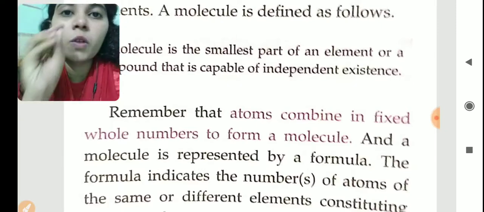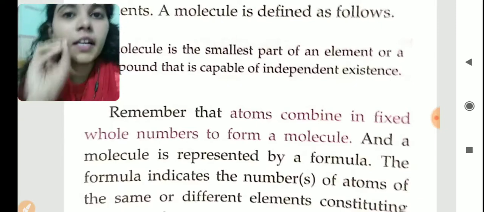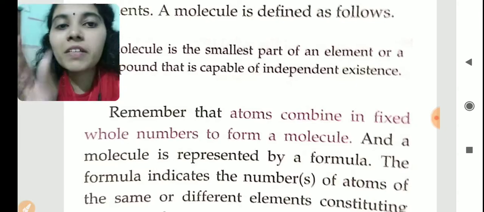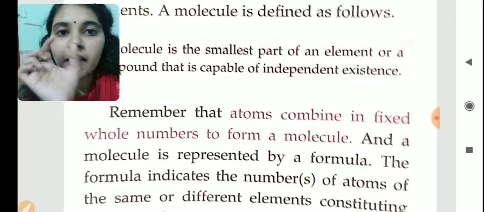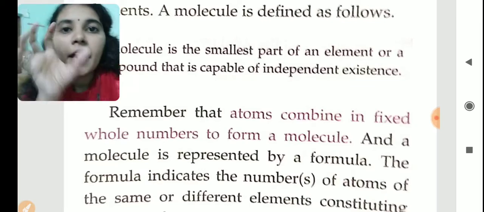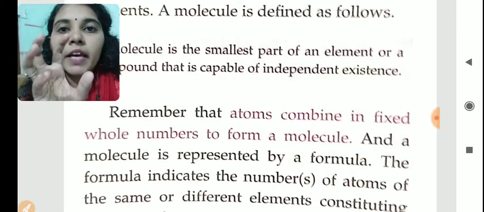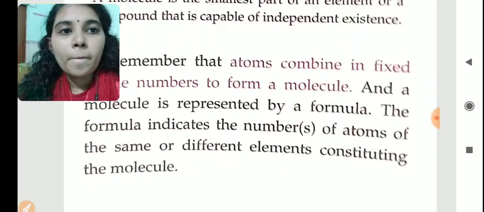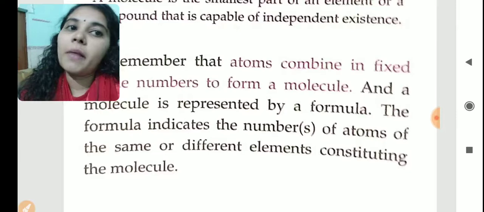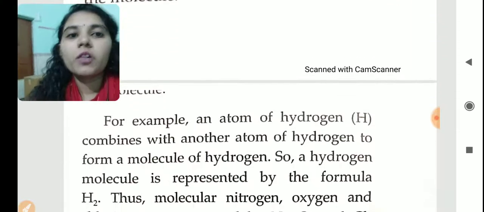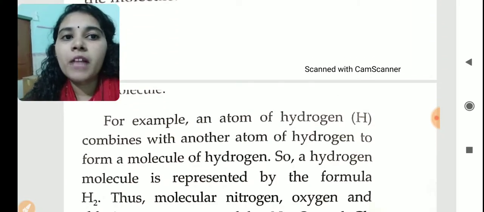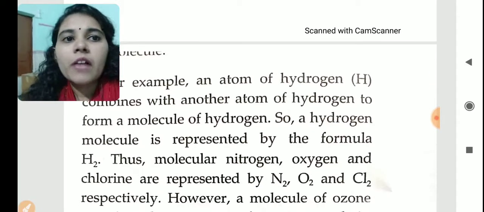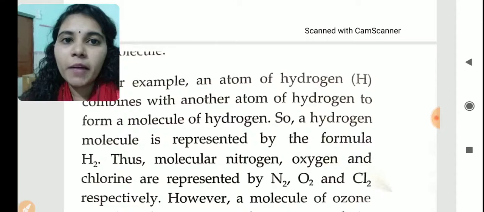The atoms will always combine in a fixed number. For example, H2 for hydrogen, that 2 is a fixed number. O2 for oxygen, that 2 is a fixed number. Understand? Okay? The molecule will be represented by a molecular formula. For example, H combined with another hydrogen forms a hydrogen molecule, which is represented by the formula H2.